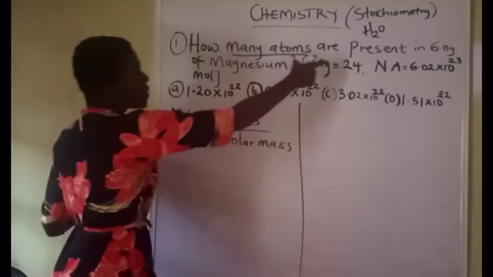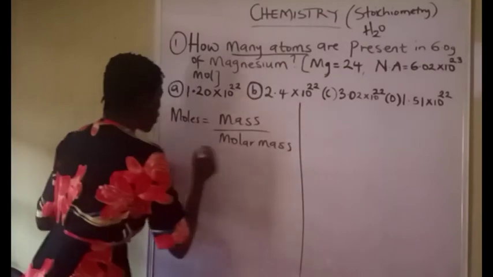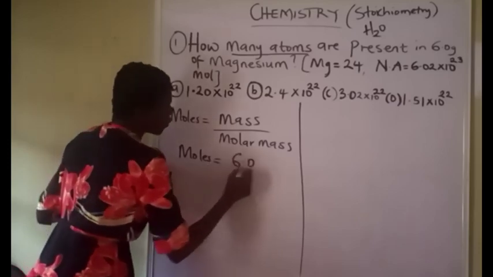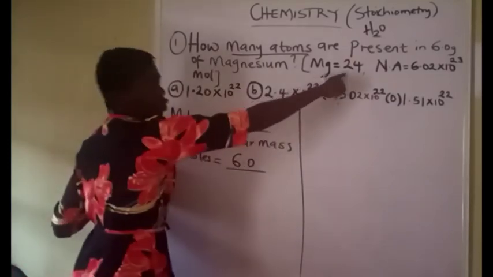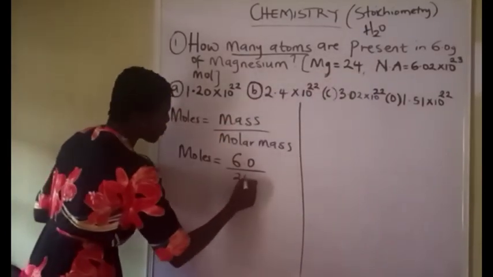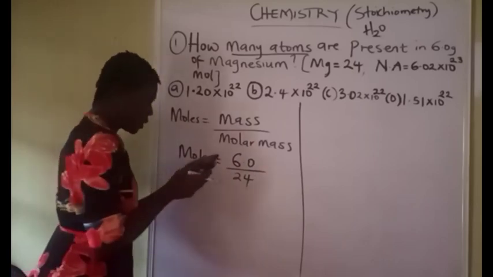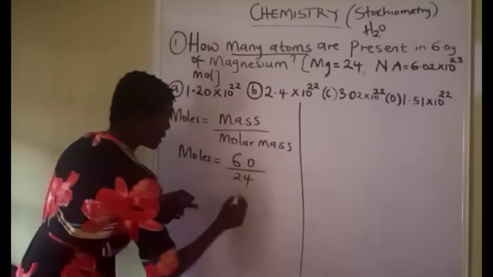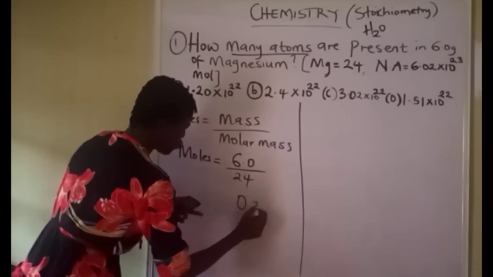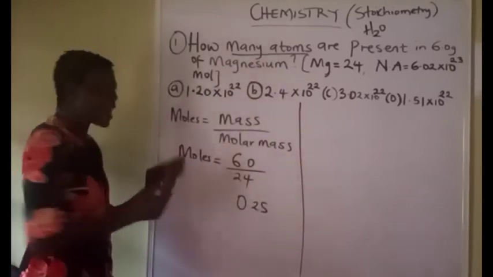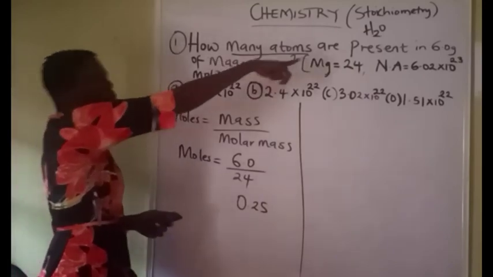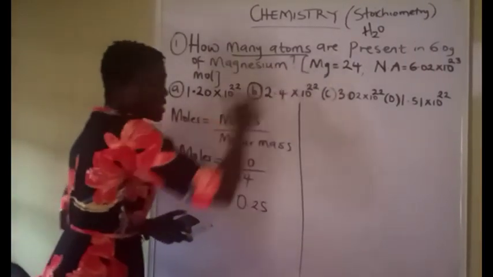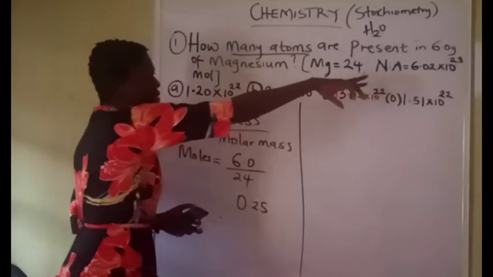The mass of magnesium given is 6.0 grams, so our moles is equal to 6.0 over our molar mass, 24. So 6.0 divided by 24 will give us 0.25. But this is not our answer, because we're looking for how many atoms are present, and Avogadro's constant is given as 6.02 times 10 to the power 23.